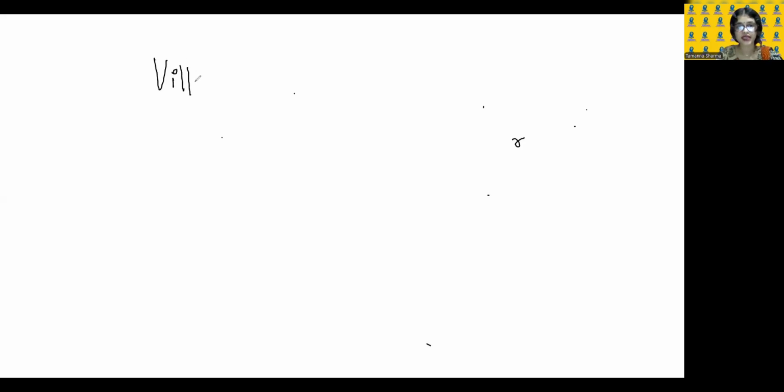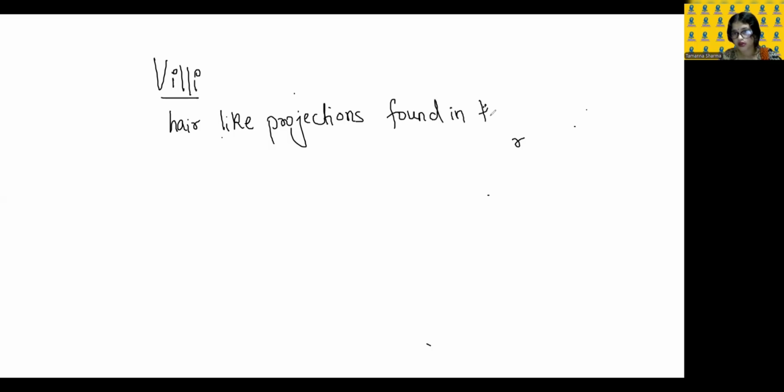Now see, these are important, so I'll make you write down. What are these? These are hair-like projections. Where are they found? They are hair-like projections found in the walls of the small intestine.